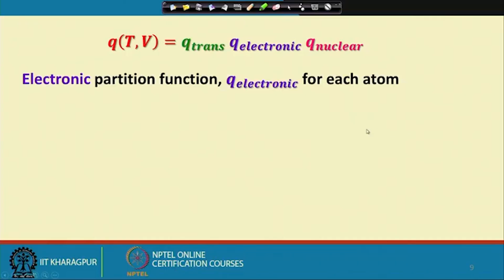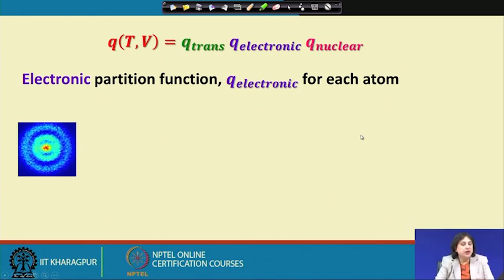So, in order to do this, what I need to understand is that I am now focusing on the microscopic structure of the atom. And not only that, you know that for any given atom, even for the hydrogen atom, you can separate out, on the basis of the difference in time scales for the movement of electrons and nuclei, the solution of the electronic part of the Schrodinger equation.